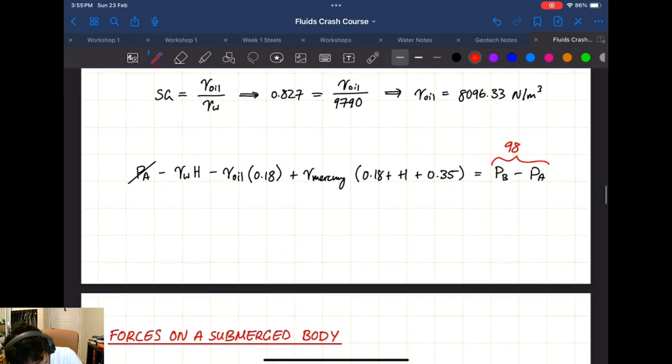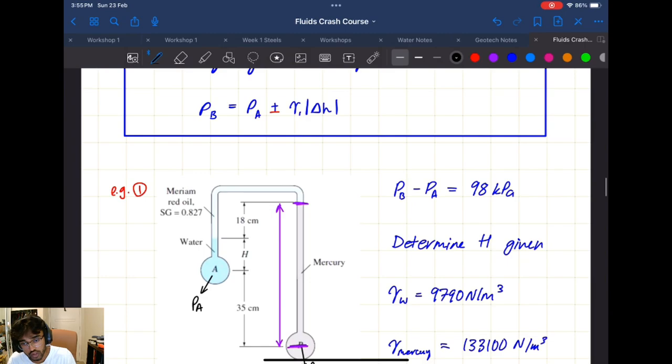That's equal to 98,000 pascals. We have to convert it because the units for pascals are newtons per meter squared.